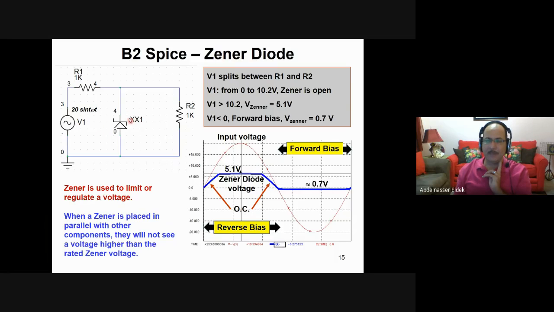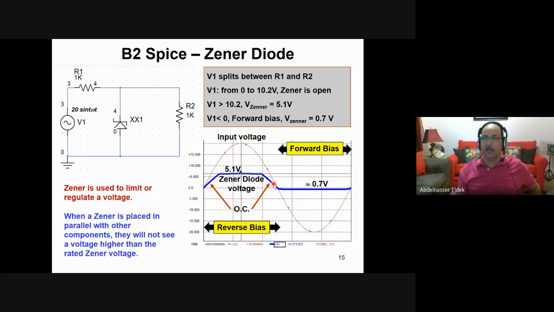If we didn't have this Zener diode, the 20 would be divided equally between the 1K and 1K. Then the voltage across the 1K, this R2, would be a sine wave with maximum 10, 10 sine omega t. When the voltage is between 0 and 5.1, the Zener diode will be open circuit, because the voltage across the Zener is less than 5.1.